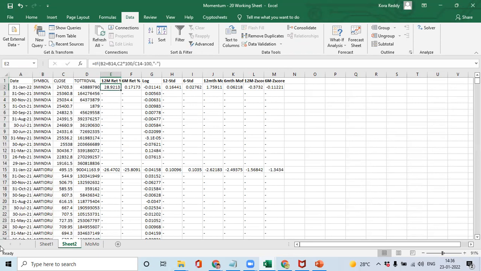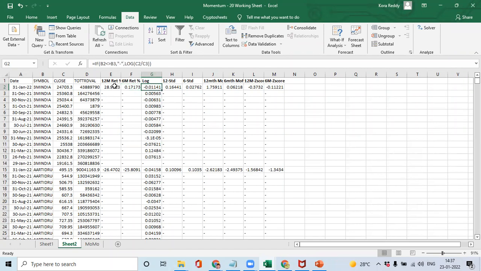This is 12-month returns, right? It is simple. Today's close minus 14 days ago's close. 6 months returns. Today's close minus 8 months ago close. 7 months ago close. Log changes.